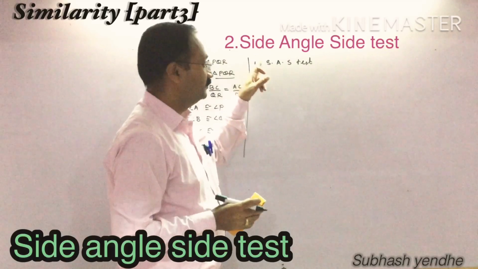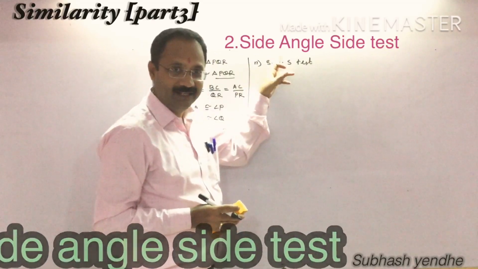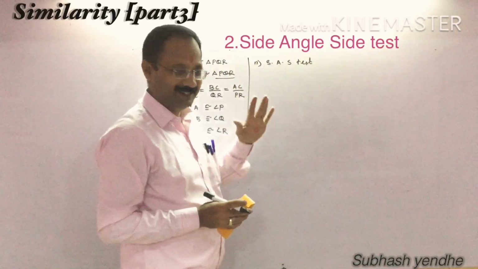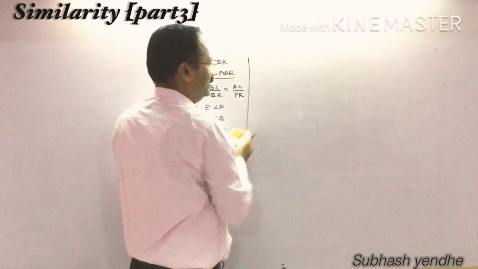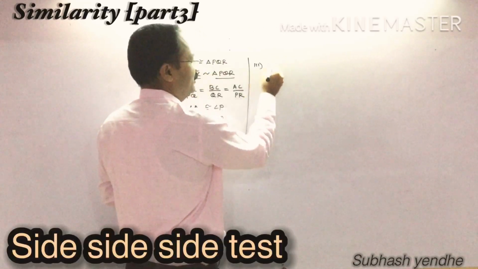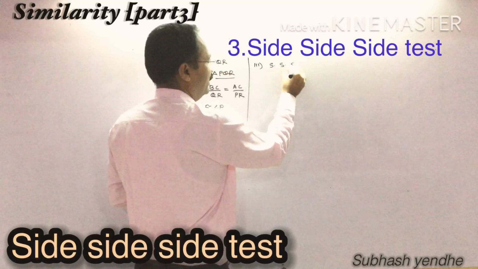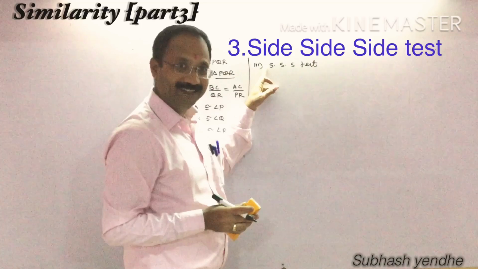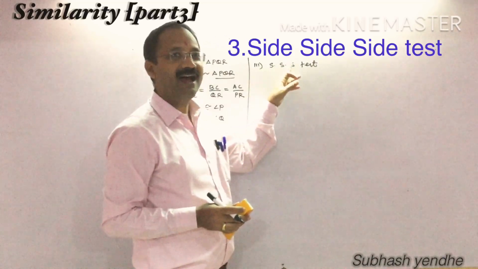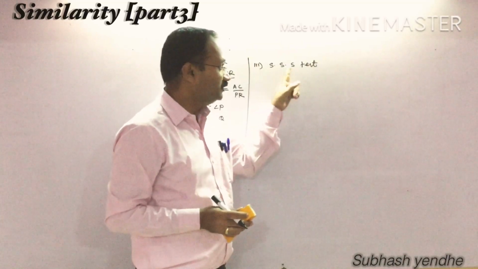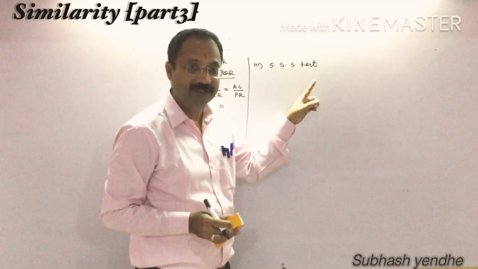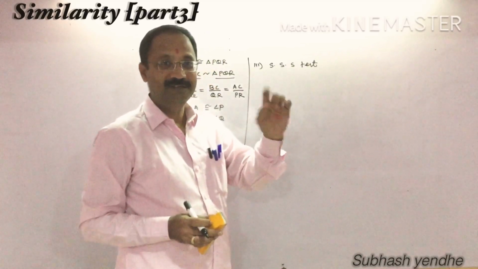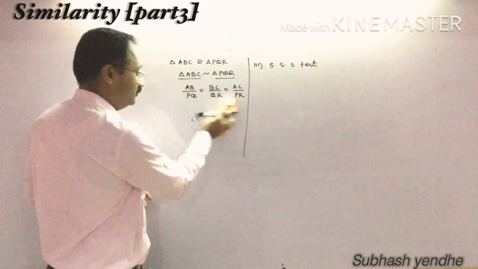That means side, angle and side test. And the third test is called SSS test. It means side and side and side. If all the three sides are in proportion, then the two triangles are similar. So let's see.